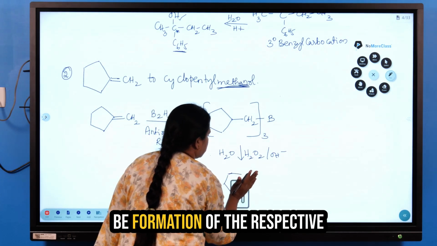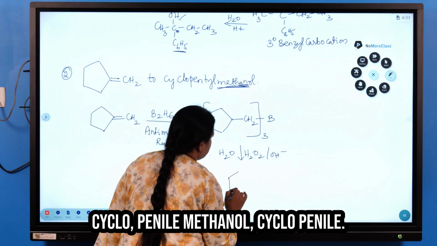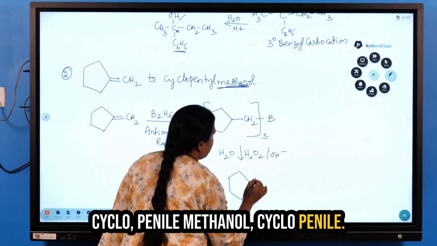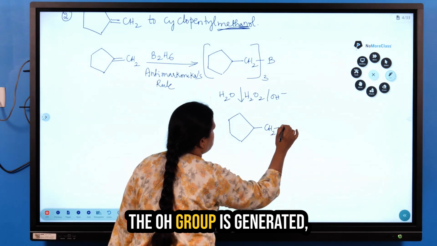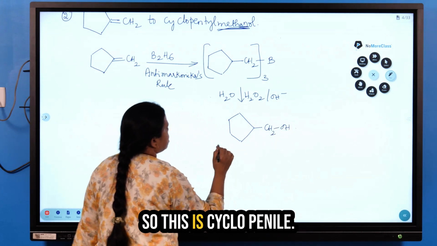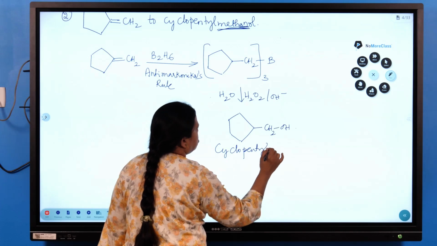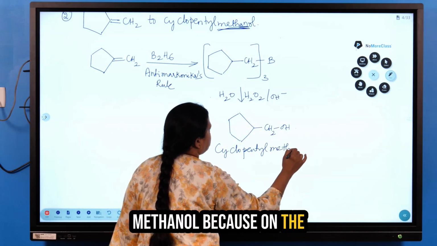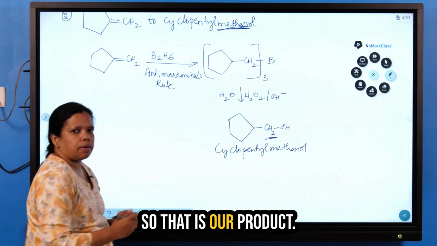There will be formation of the respective cyclopentylmethanol. Cyclopentyl, and there is a CH2 group, and the OH group is generated there. So this is cyclopentylmethanol, because on the methanolic carbon an OH group is present. So that is our product.